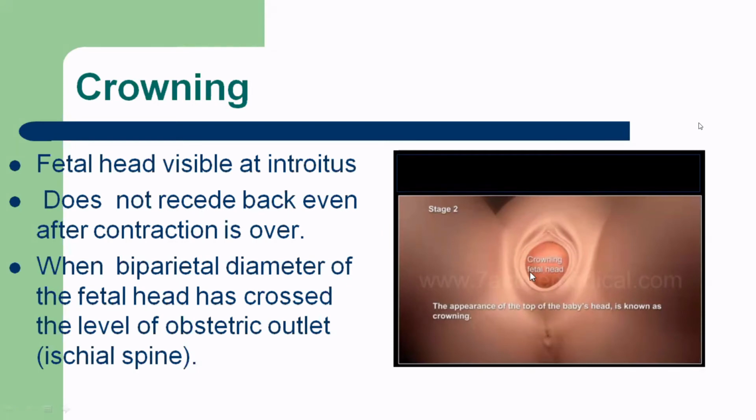It is all the time visible in the vulval introitus, during contraction and even after contraction is over. So this crowning is very important. After crowning has occurred, we are sure that this baby is going to be delivered vaginally. Otherwise, we are not still sure.